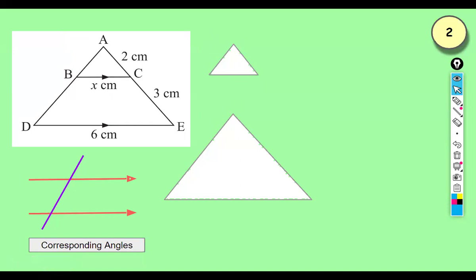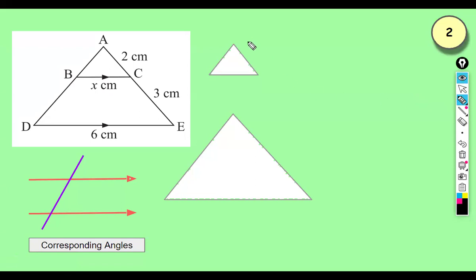Now, let's put in some letters here. For the smaller triangle, here's obviously A. That's this point here. And it has to be B and C. So let me put in B and C. The examiner said from A to C is 2 centimeters. I'm just leaving out the centimeters. I don't want to clutter up the diagram.